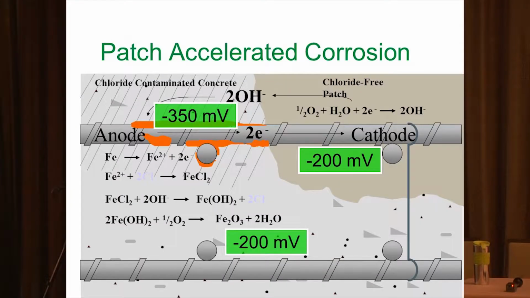Now you don't even need that bottom steel. You've got a cathode that forms in the patch itself. That becomes the cathode in the battery, and the anode is immediately next to it.